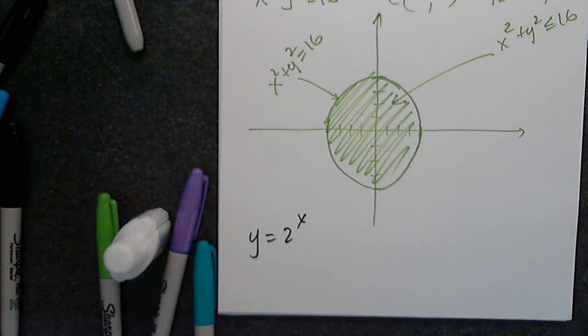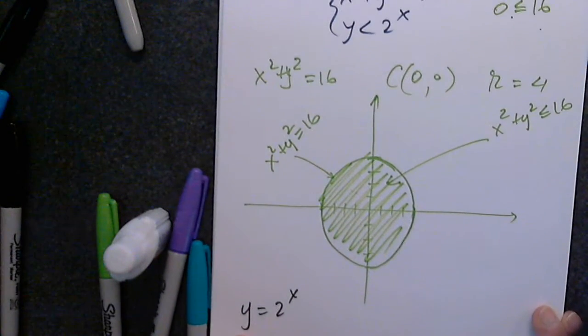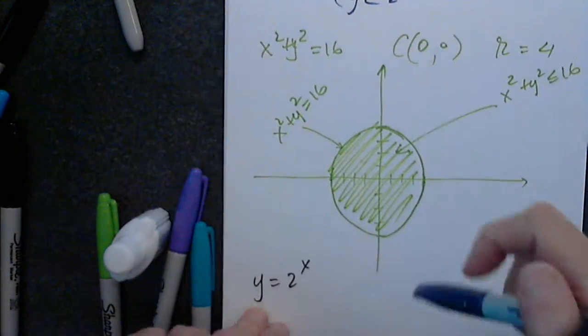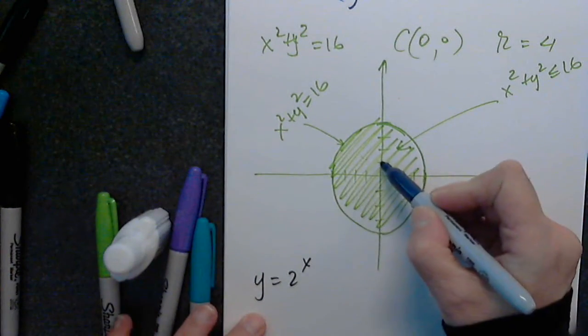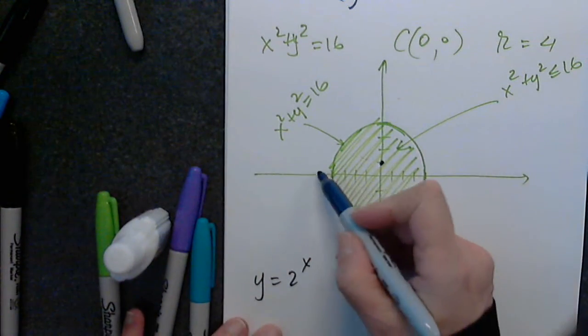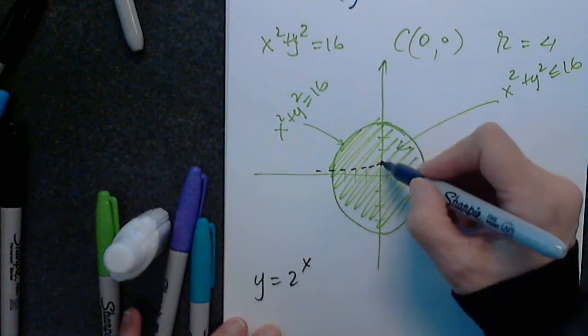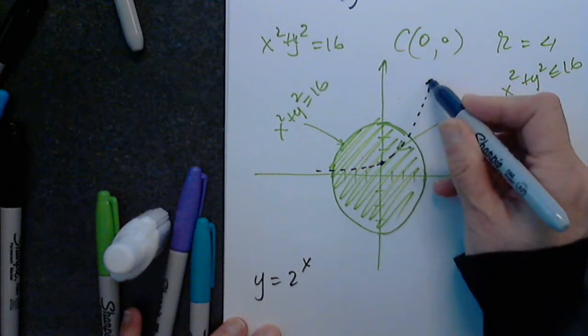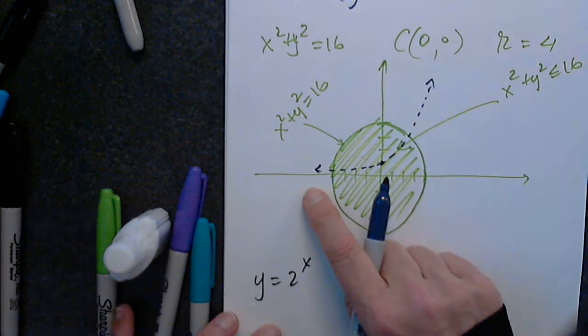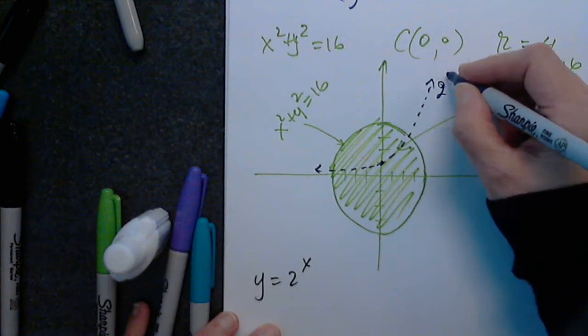Say it again. Very good. Exponential. Great job. Increasing on all its domain or decreasing on all its domain? Increasing. Solid curve or not? Not. Very good. Awesome. So it has to cross, if you remember, at 0, 1. It has a horizontal asymptote y equals 0. So this is 2 to the x.